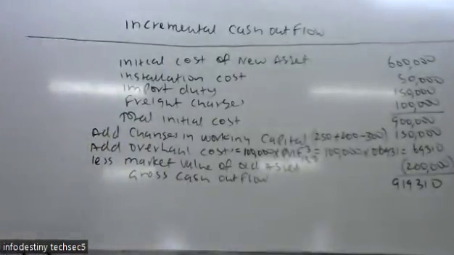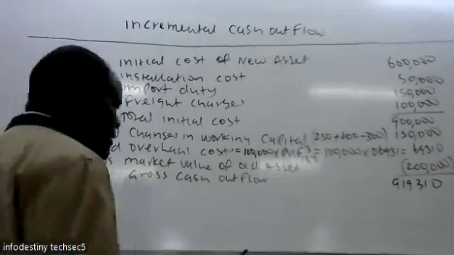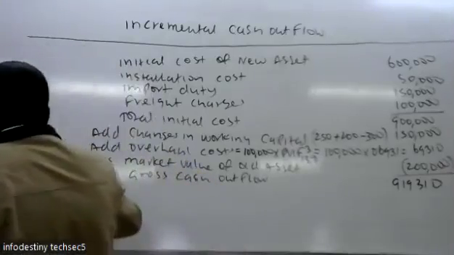919,310. Then after the gross cash outflow, we are supposed to add tax on the capital gain.